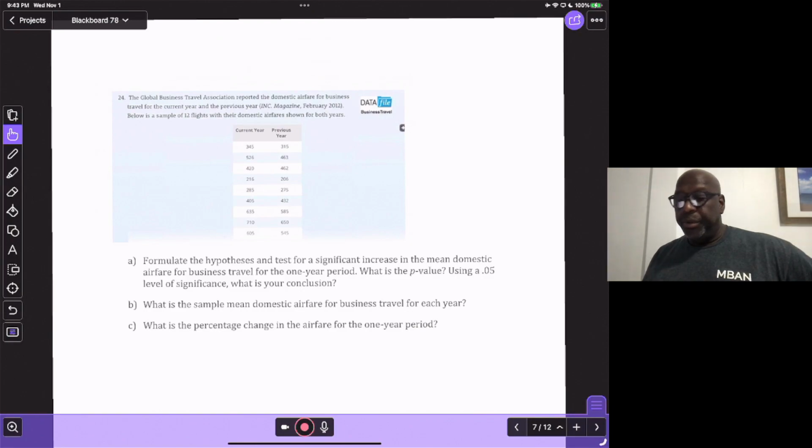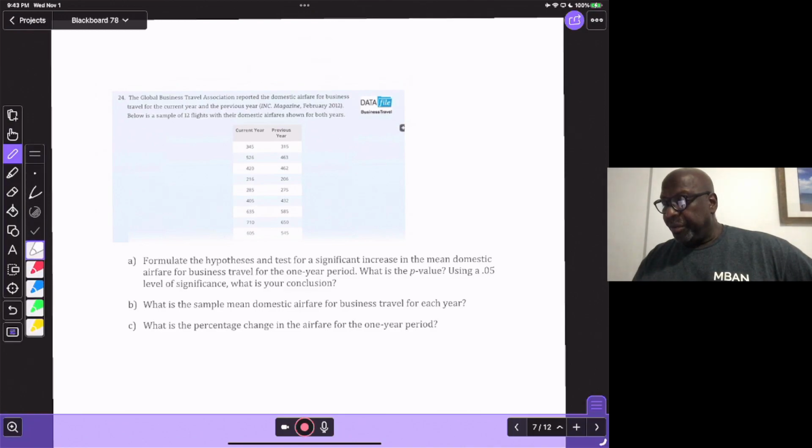So the first thing we're going to do is take those two sets of values and calculate for them a difference. We could refer to that difference as d_i. So what's the difference between 345 and 315? There's a $30 difference, and so on.